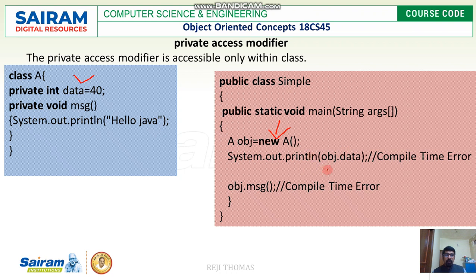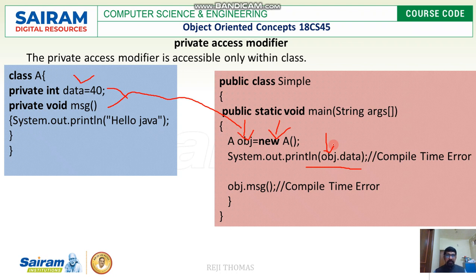Look at this, obj.data. obj is an object of class A, and class A has got a method called msg and a data member called data. Both are private. In this statement we tried accessing the data member which is private in class A. This cannot be done, so the compiler is going to throw an error.